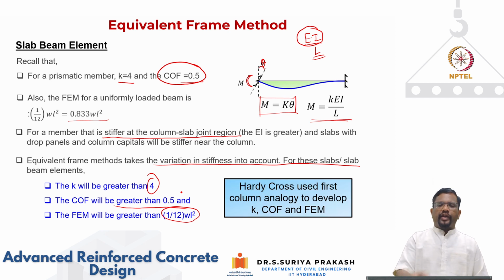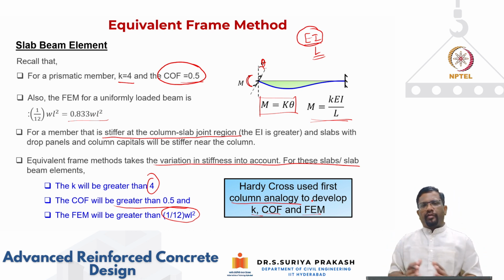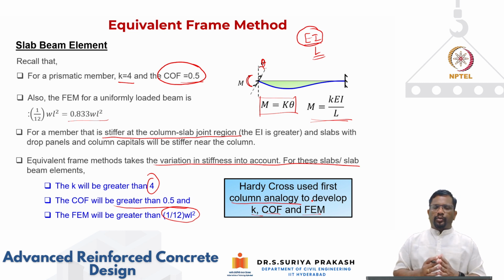So how did we get these values depending upon the boundary conditions? Professor Hardy Cross was the first one. He used the column analogy method and developed these values depending upon what kind of support condition that is. So the American Concrete Institute code as well as the Canadian codes and European codes have these tables that are readily available depending upon the standard boundary conditions.